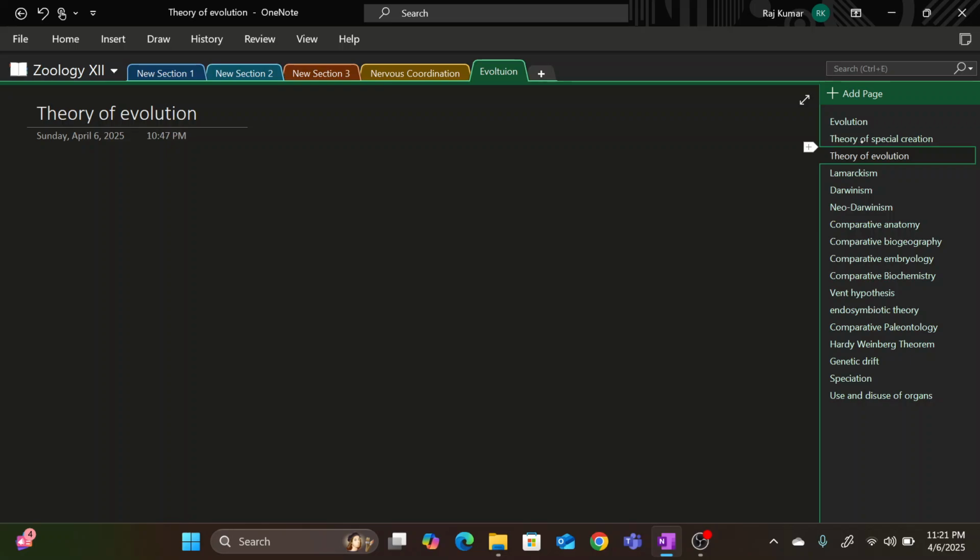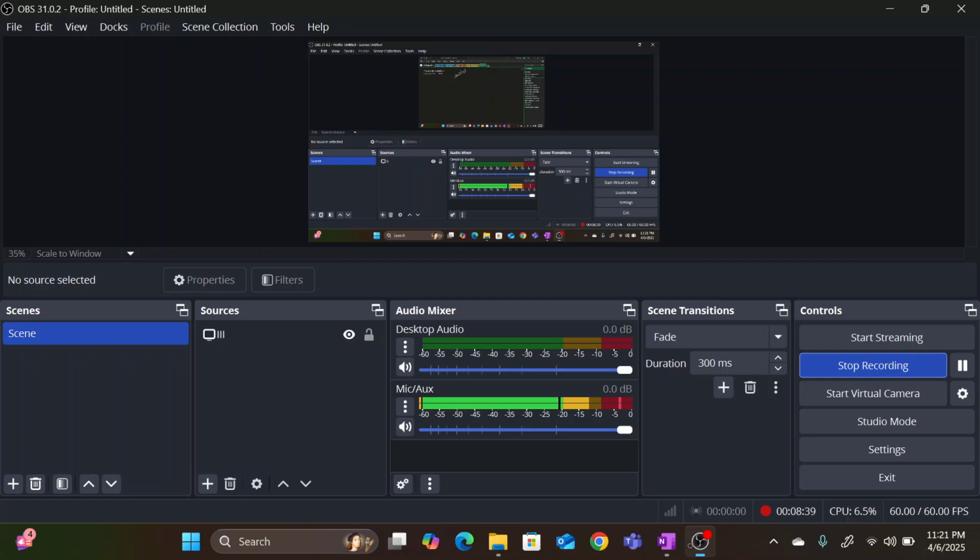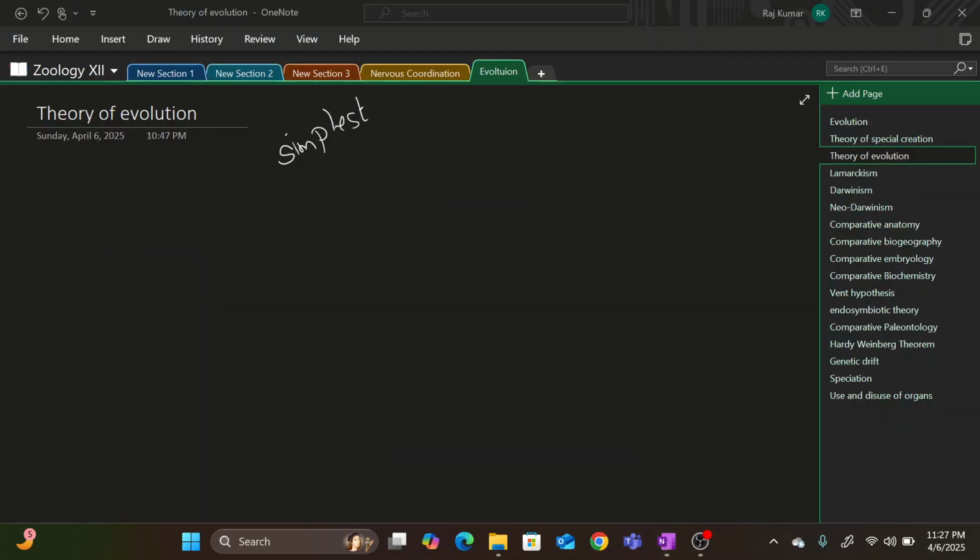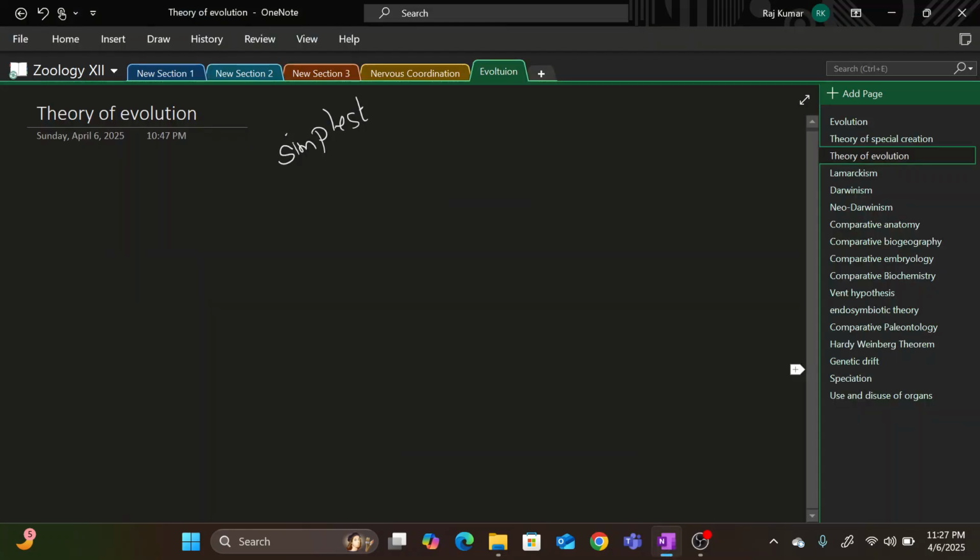It is that all organisms have evolved from each other, such that there was the simplest form of organisms, and organisms have changed and diversified continuously over a long period of time, and became complex.